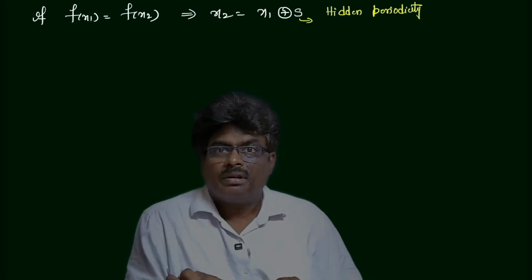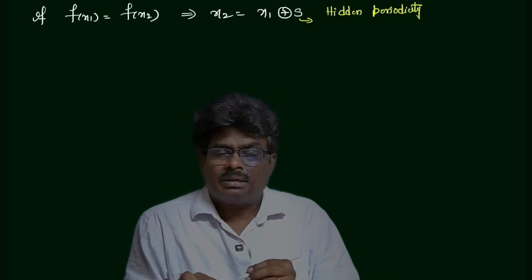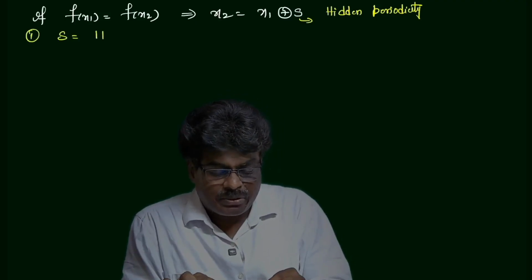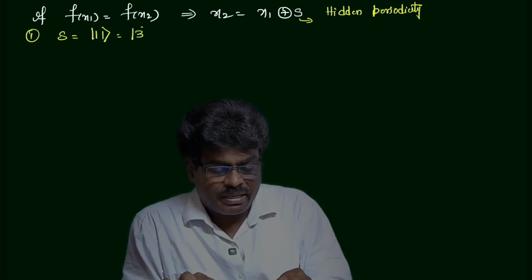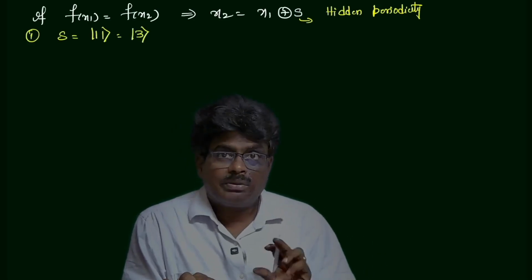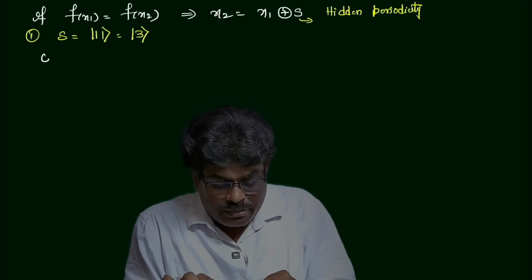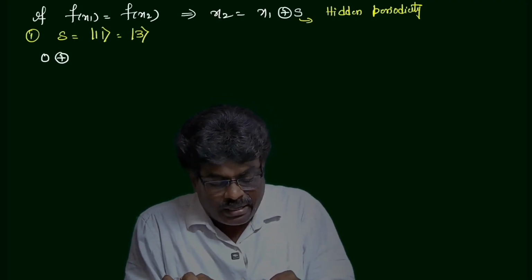Now let us take some example. First, I am assuming s is equal to 1 1. In decimal we can write it as 3. How to construct the tabular form? This is quite interesting.